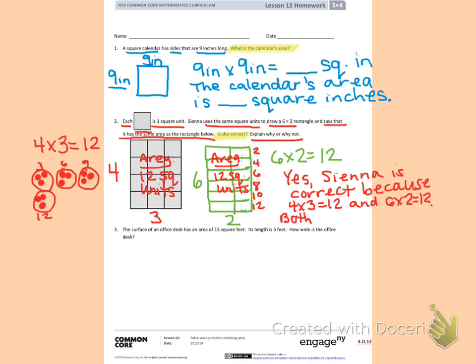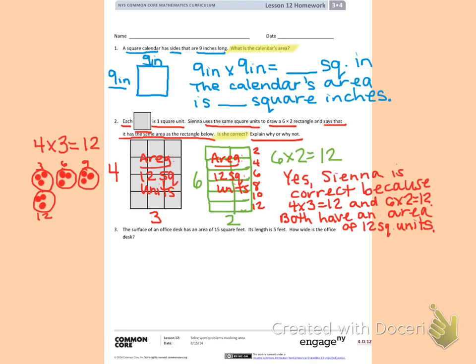Both have an area of 12 square units. Okay, I've used the same process as I mentioned before. I've read, drawn, and written my answer.